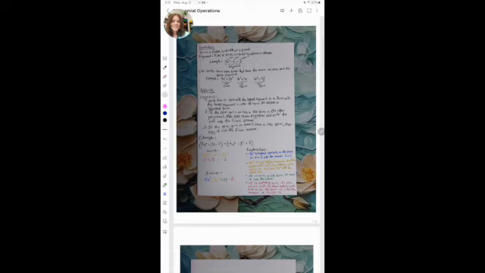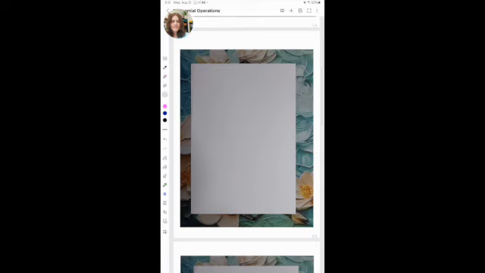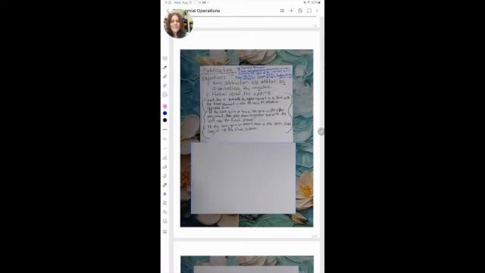Okay, so adding, now we go to subtracting. Next page. Here, let's pull this down and see what subtracting has. Okay, we've got objectives and then an example here as well.